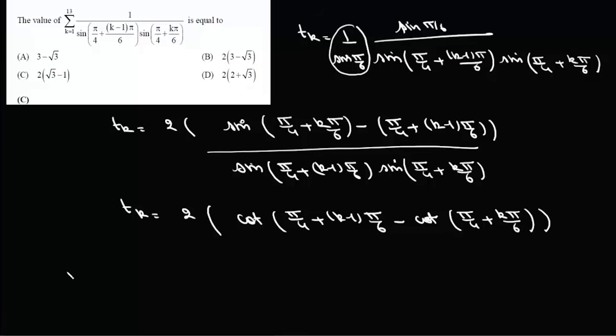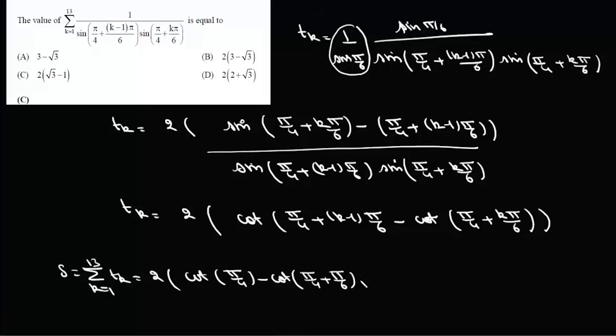Now we'll find this sum, which is this summation, k varies from 1 to 13, tk. Now this is nothing but a telescopic summation. So if we put k as 1, we get cot pi by 4 minus cot of pi by 4 plus pi by 6.